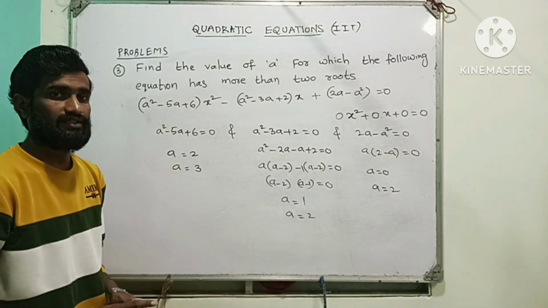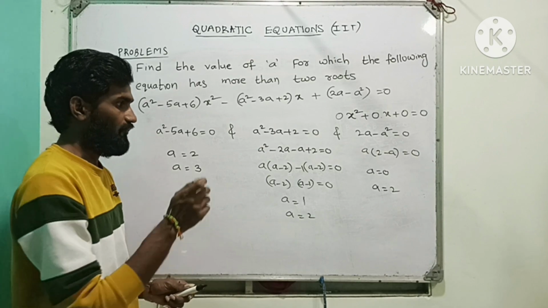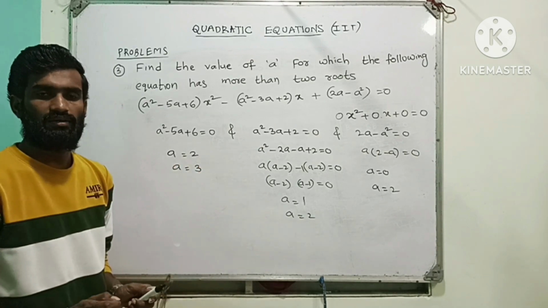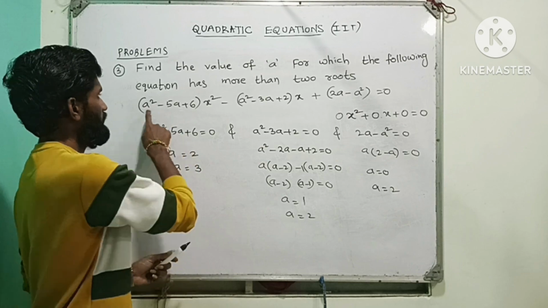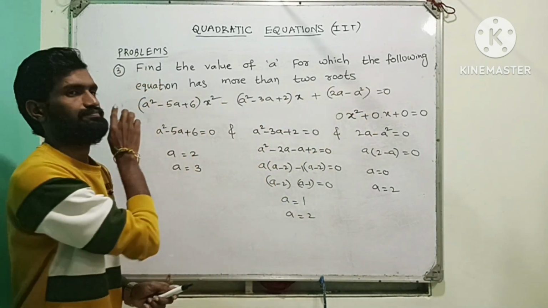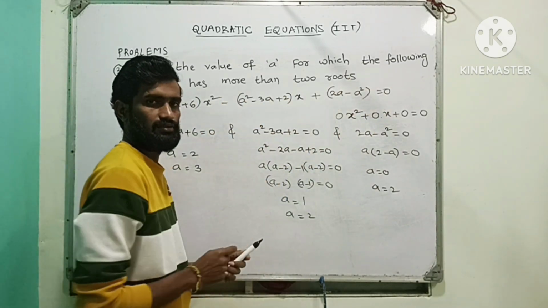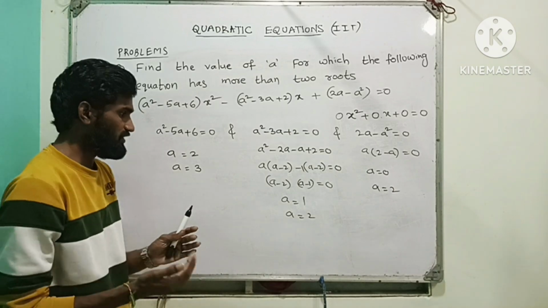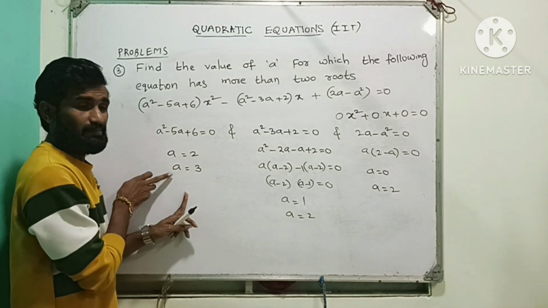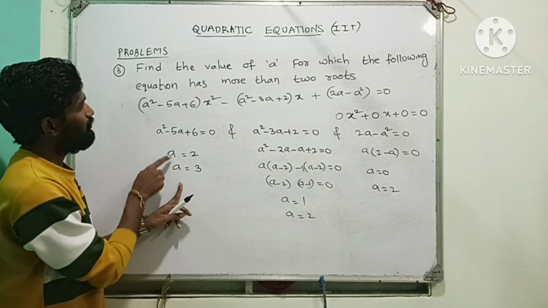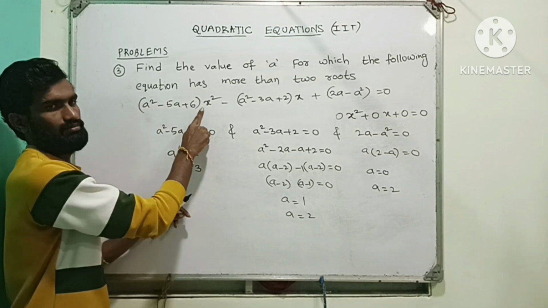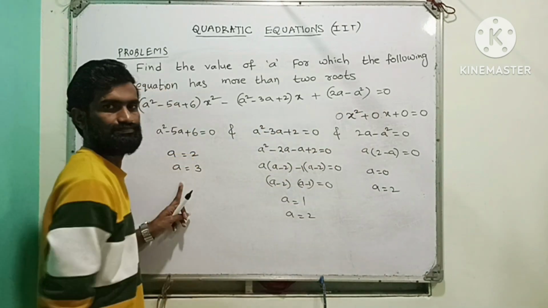Now we need to decide what is the value of a so that this will become an identity. Now we don't have to say that a is equals to 3, because if I substitute a equal to 3, only this will become 0, not this and not this.